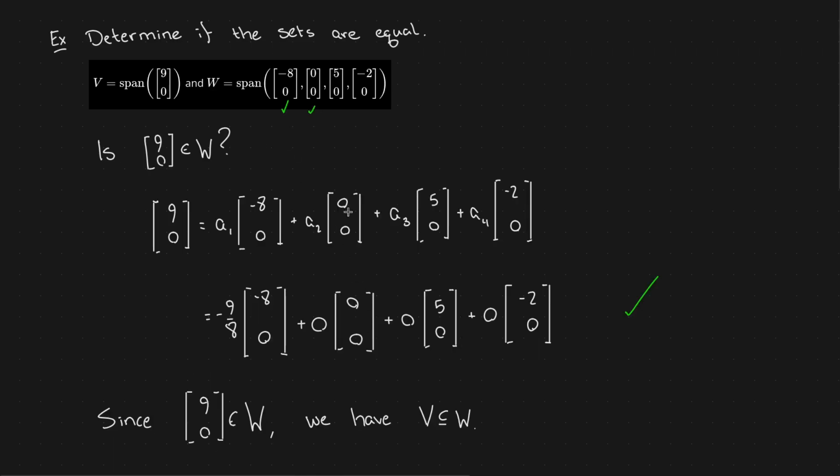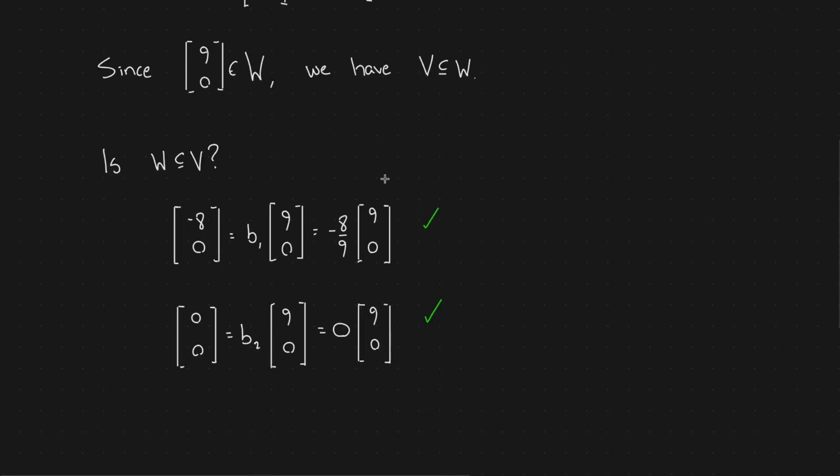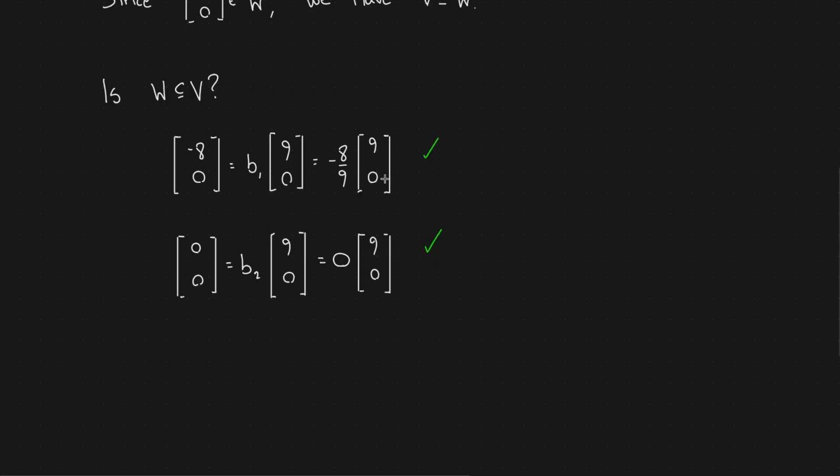Okay. Now you could probably eyeball the rest of them, right? I can multiply vector 5, 0 by a scalar to get 9, 0, right? I could multiply negative 2, 0 by a scalar to get 9, 0. So all the vectors work out.